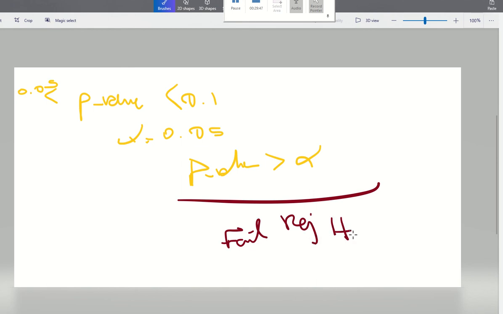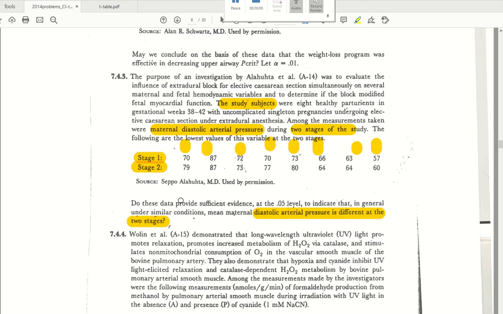Okay, and the null hypothesis used to say what? That the mu of differences is equal to 0. Or in other terms, there was no difference between the before and the after. Let me show you again what the question was. Okay, that was the null hypothesis. It was about stage 1 and stage 2, that there's no difference.